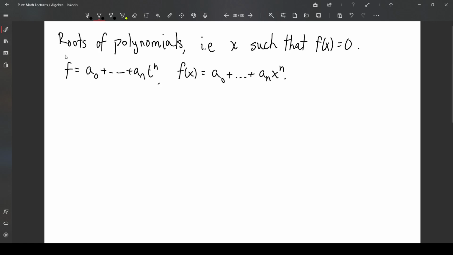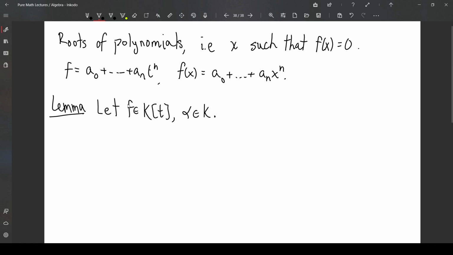And the roots of polynomials is going to be essentially the guiding factor to Galois theory. So we're first going to start with a lemma that says we let f be in k[t] and alpha be in k.